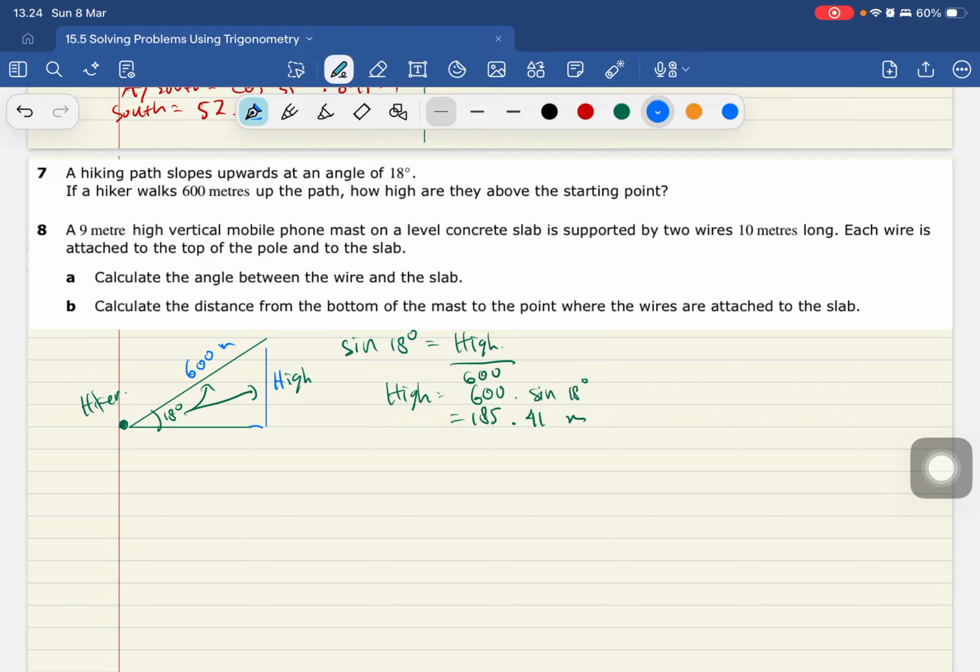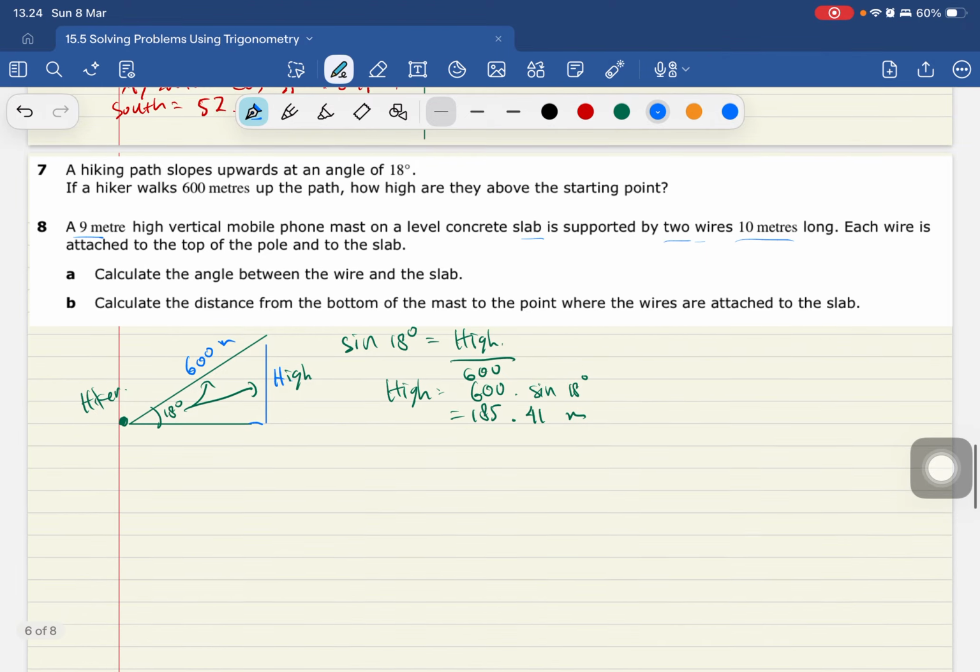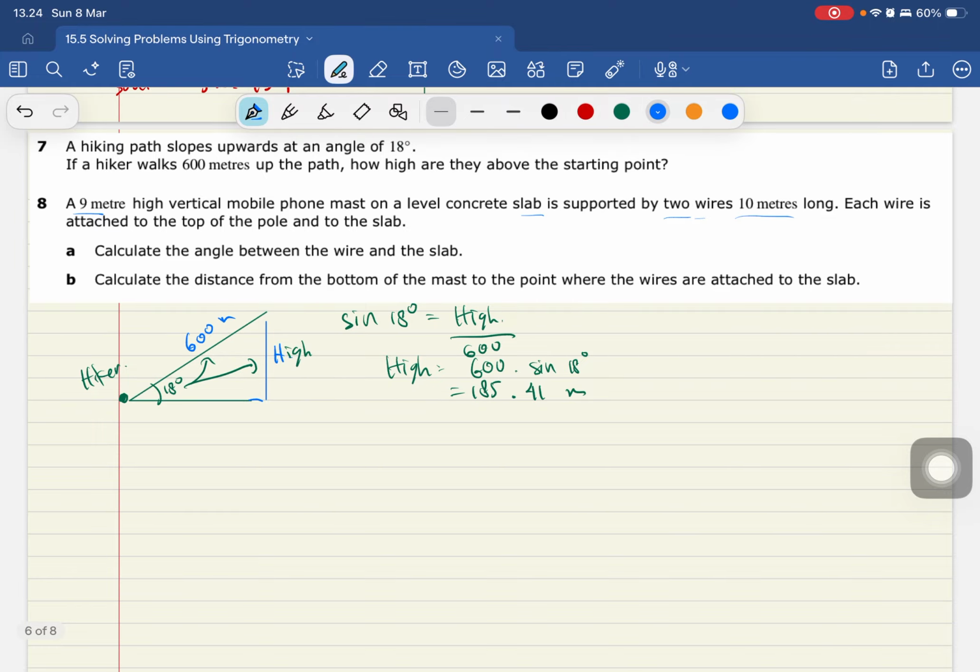Okay, number 8. A 9-meter-high vertical mobile phone mast on a level concrete slab is supported by 2 wires, 10 meters long each. Each wire is attached to the top of the pole and to the slab.